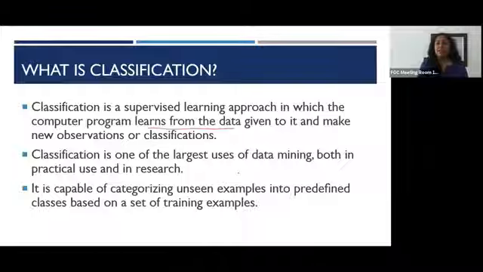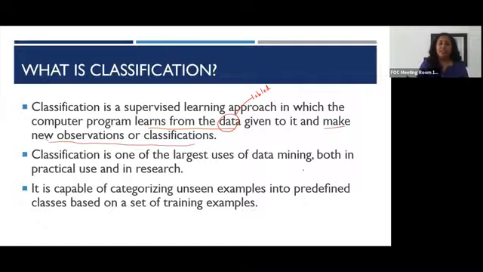The only thing is the purpose is different. In classification, the data you give is labeled for one thing, and the other thing is the purpose. For example, in classification you give the data and ask the machine to predict something. Clustering is not like that. It is just going to identify the patterns, right?